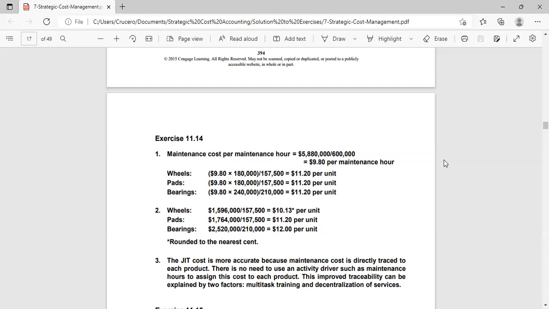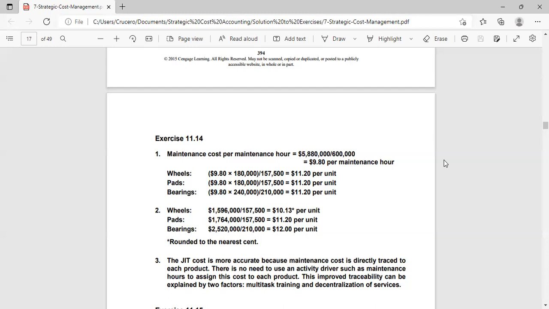And for the pads, we multiply 9.80 per maintenance hour by 180,000 maintenance hours. We now get the product divided by the number of units, so you get the cost per unit. And for the bearings, 9.80 times 240,000 maintenance hours divided by 210,000 units.